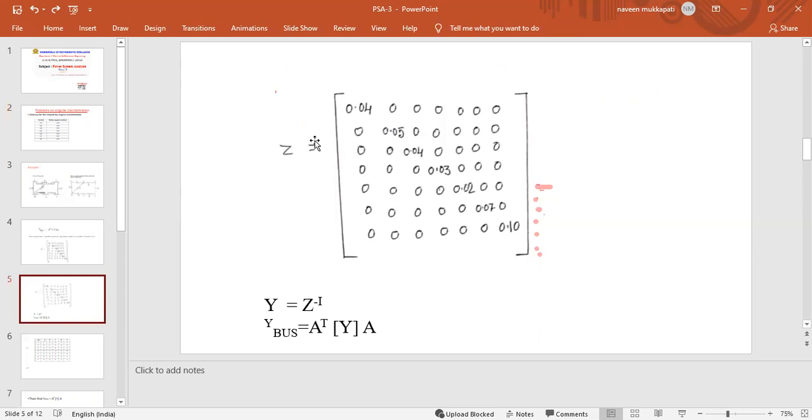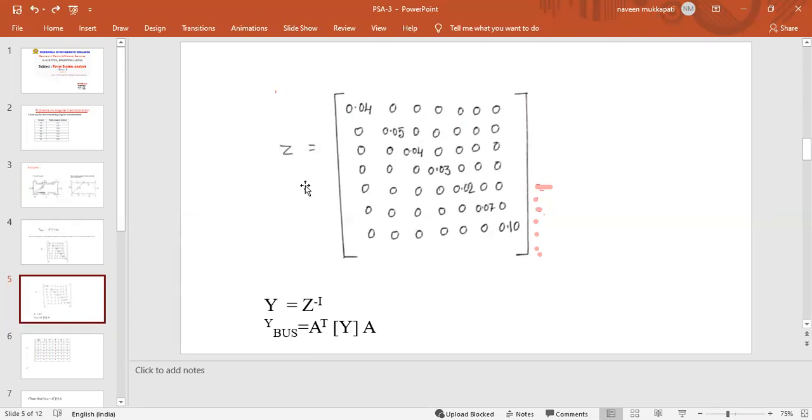Therefore Z is equal to: 0.04, 0, 0, 0, 0, 0, 0; next 0, 0.05, 0, 0, 0, 0, 0; next 0, 0, 0.04, 0, 0, 0, 0, and so on, until 0.02 and 0.10 on the diagonal. This is the primitive impedance matrix, that is Z.